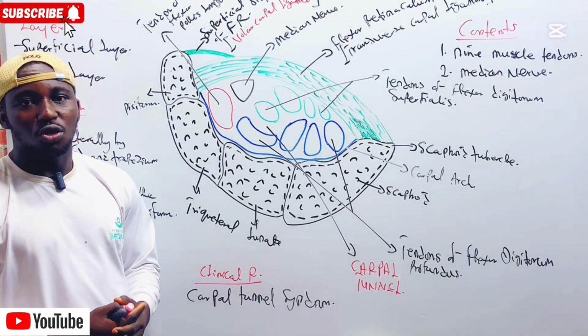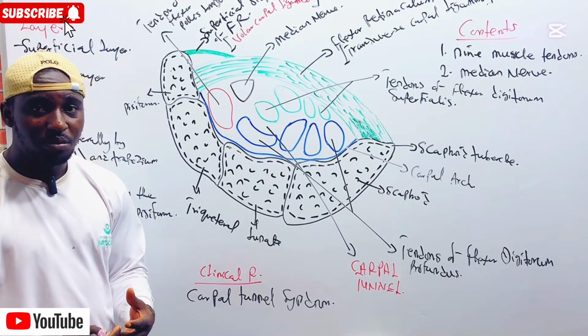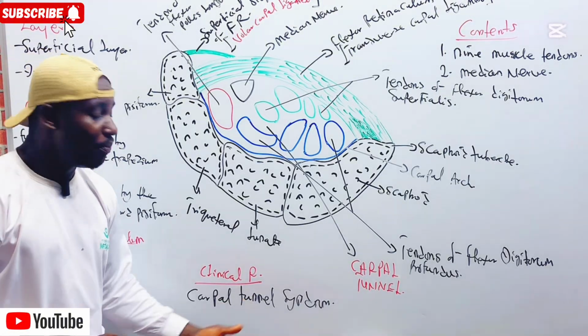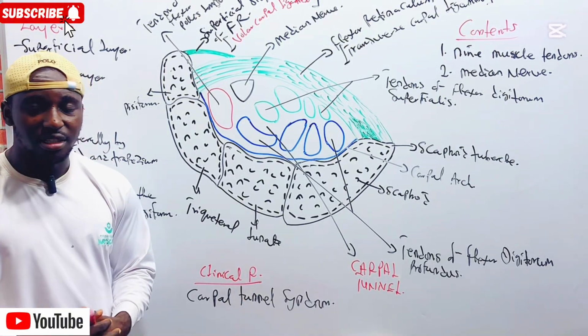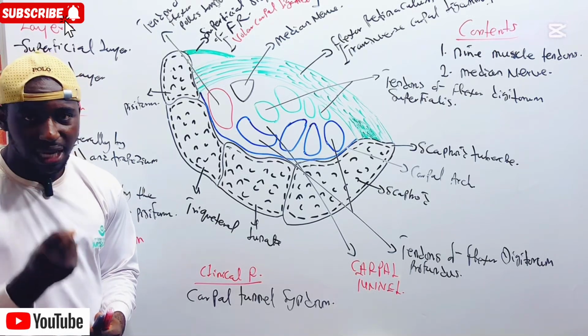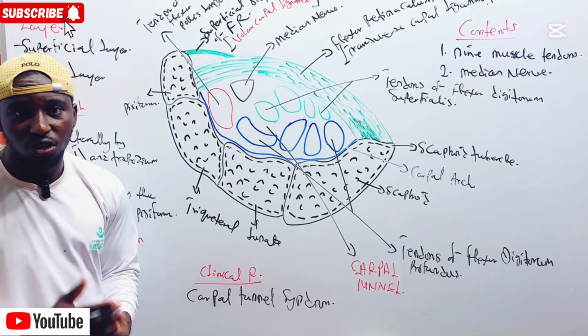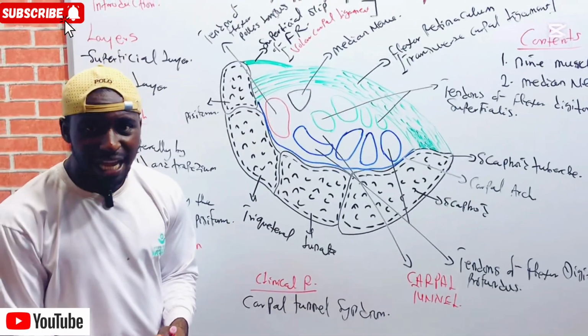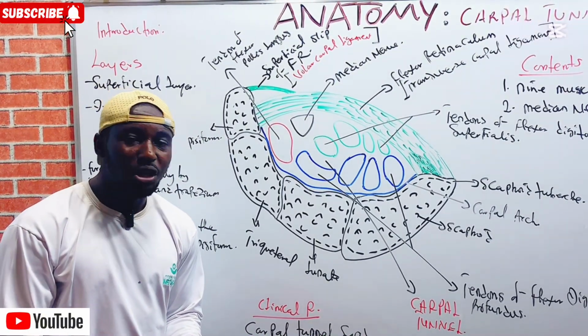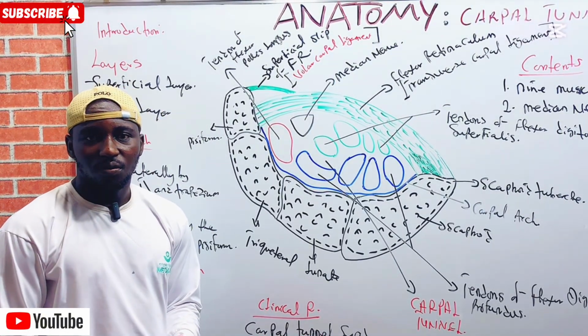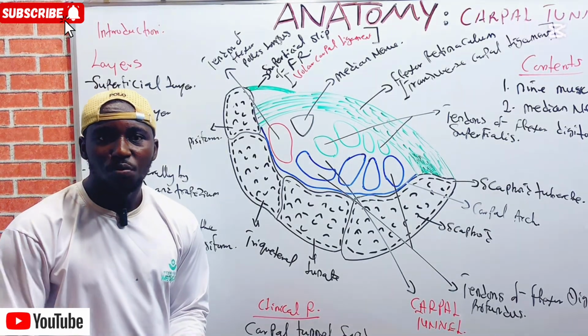You get? So that will be implicated as a result of the carpal tunnel syndrome, because the median nerve is lesioned or compressed. When it's compressed, it is lesioned already. Those recurrent and palmar digital branches will be damaged. Their sensory and motor activities will be compromised.